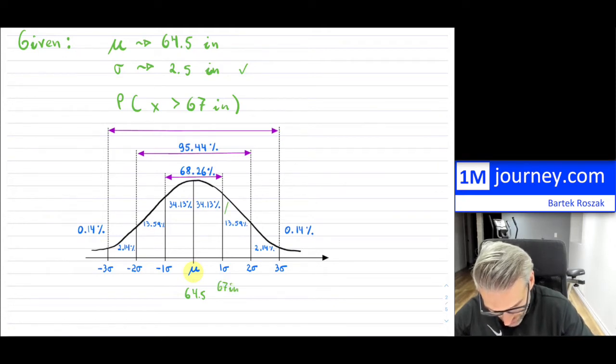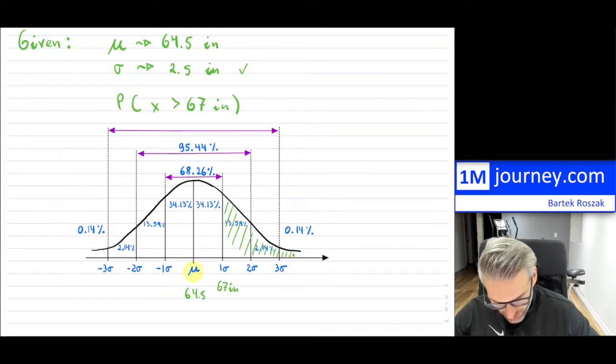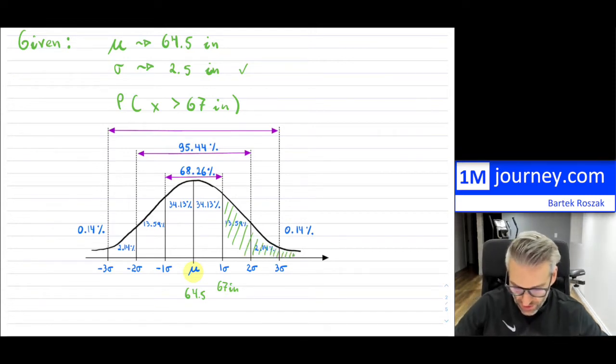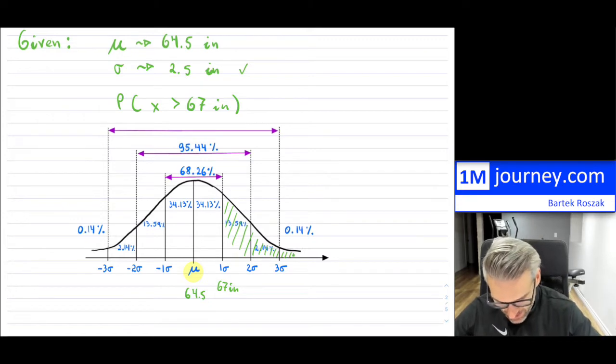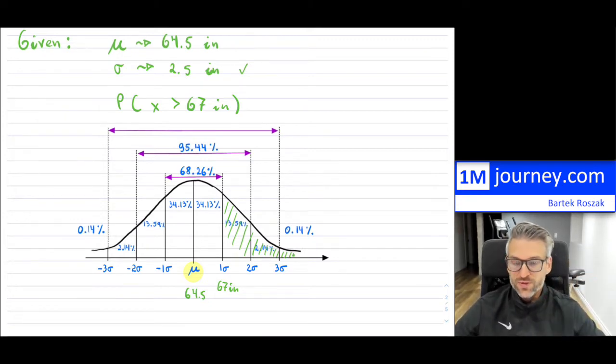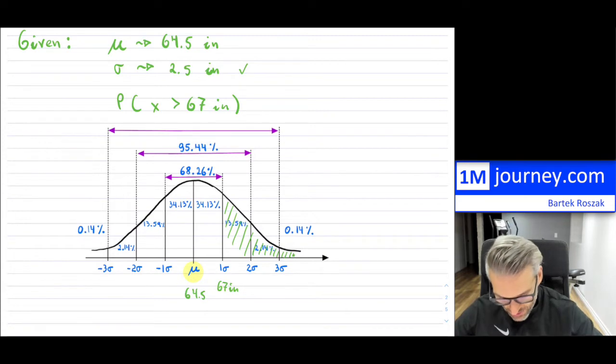So we want to find this area under the curve. That's actually pretty good, because we know exactly what that is. If you can see this bell curve and you still remember these numbers, then this is great.